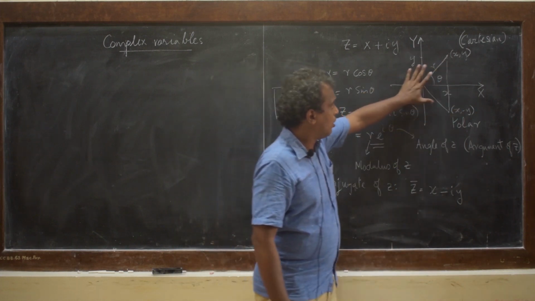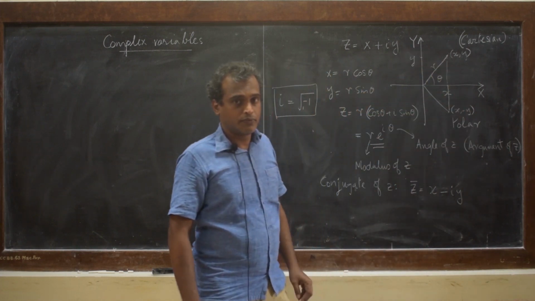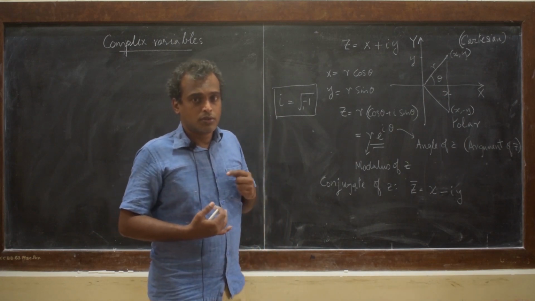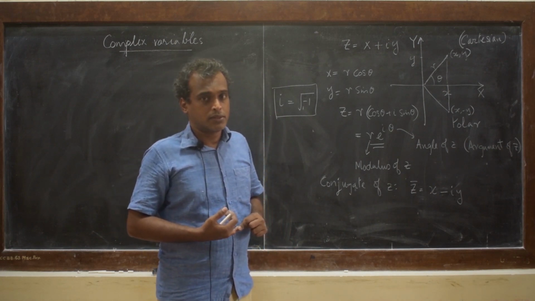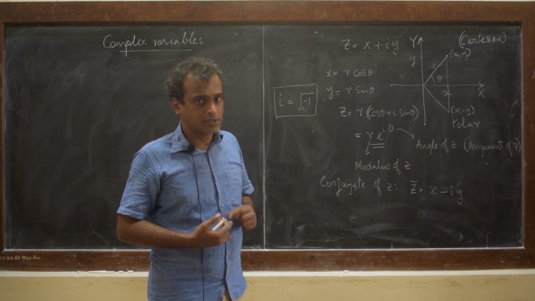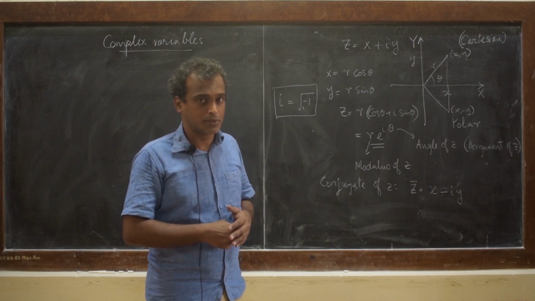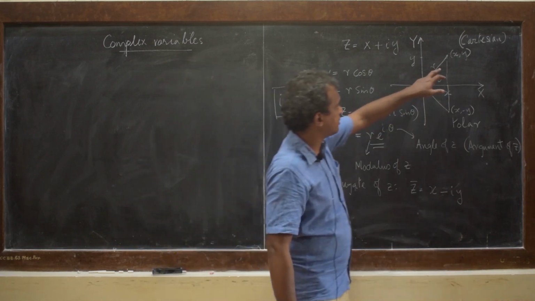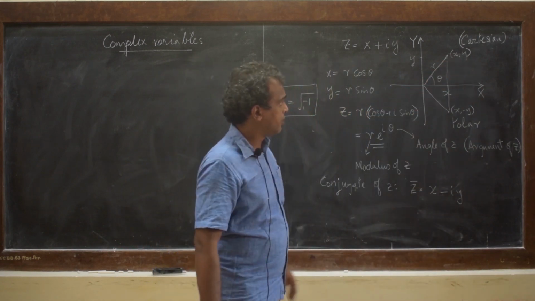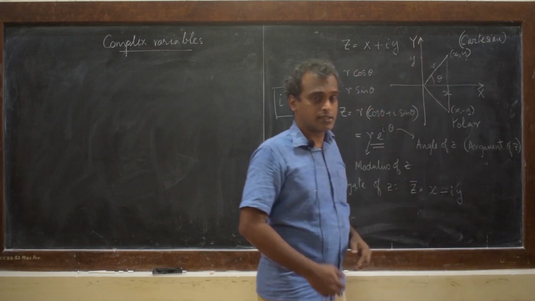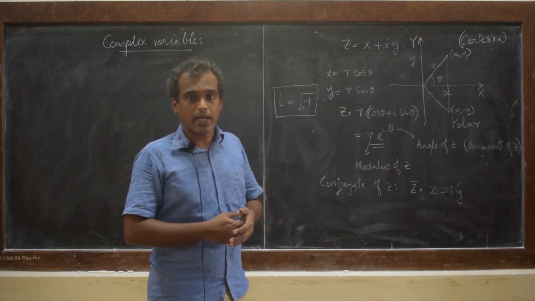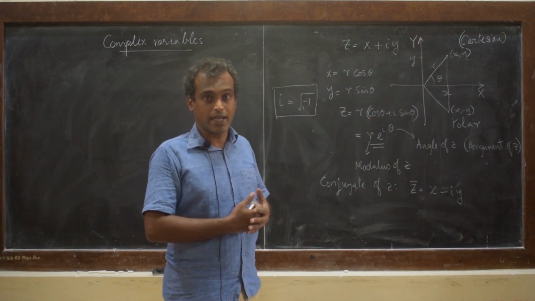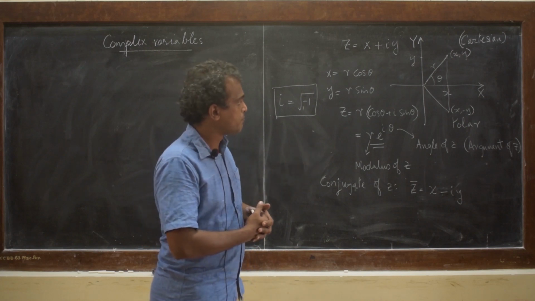As we know, on a plane, we always require two coordinate axes to represent a point. This is because you need two coordinates to identify a point on a plane. In Cartesian form, it is x, y, where we choose the x and y axes as two mutually perpendicular lines.